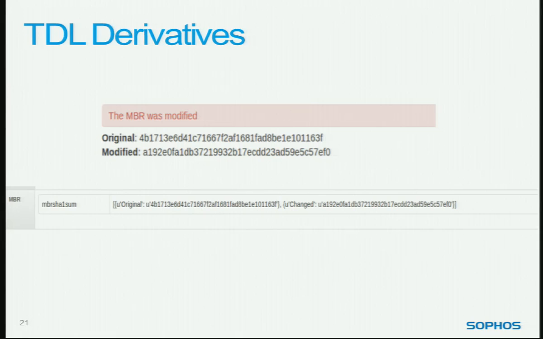We got the MBR change, but we did not get the driver start IO hook, and we didn't get the device object change. What we got instead was a change in the file system driver. So we got the file system filter manager, the signature hit on both 2 driver objects, and we got a device object added. In this case, this was the address of the device object, and this is the type of the device.